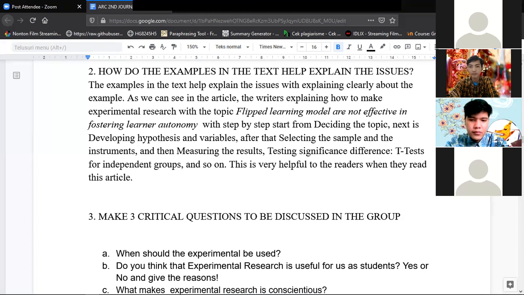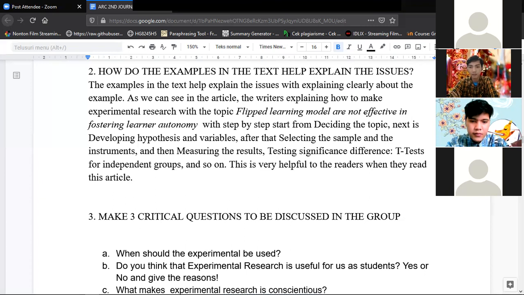I think the writers explain the example in the article clearly, so this is very helpful to readers. When they read the article, they directly understand the example like that.